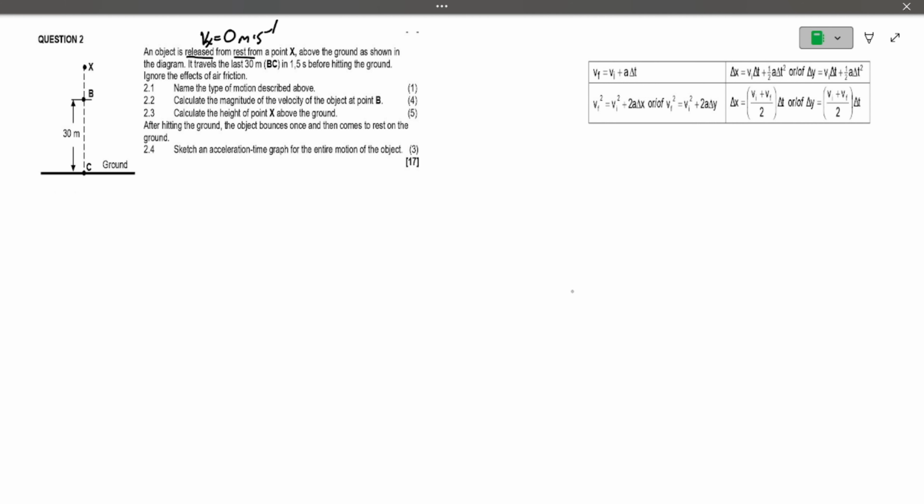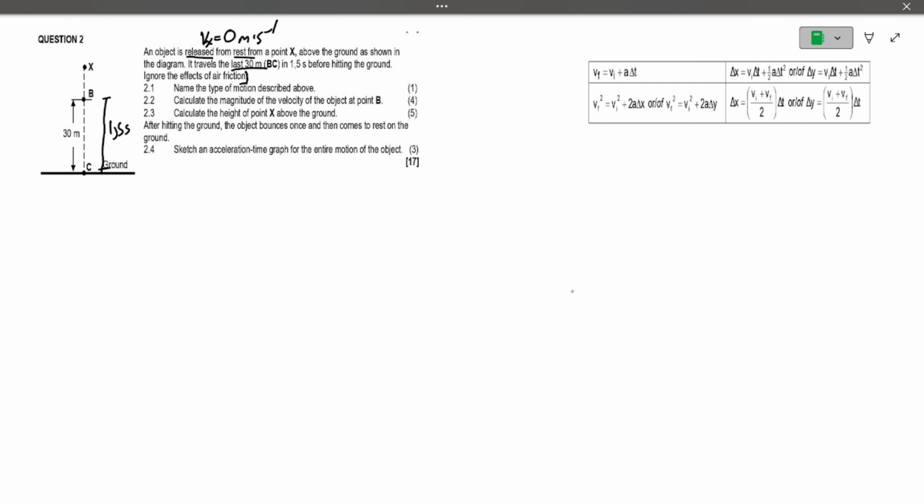And then it said above the ground, as shown in the diagram, it travels the last 30 meters BC, which is this one, in 1.5 seconds. So from B to C, we are told that it takes 1.5 seconds before hitting the ground. Ignore the effects of air friction.